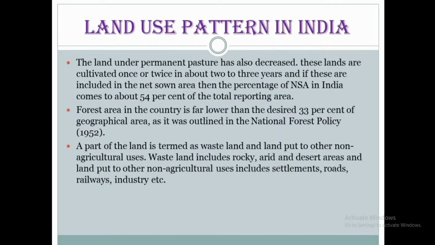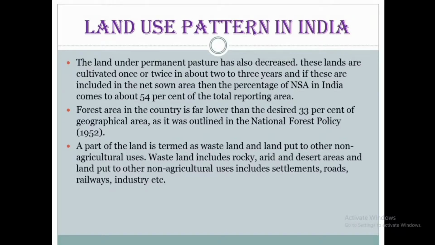Now, the land under permanent pasture in India has also decreased. These lands are cultivated once or twice in about 2 to 3 years, and if these are included in the net sown area, then the percentage of NSA in India comes to about 54% of the total reporting area. The forest area in the country is also far lower than the desired 33% of the geographical area as it was outlined in the National Forest Policy in 1952.